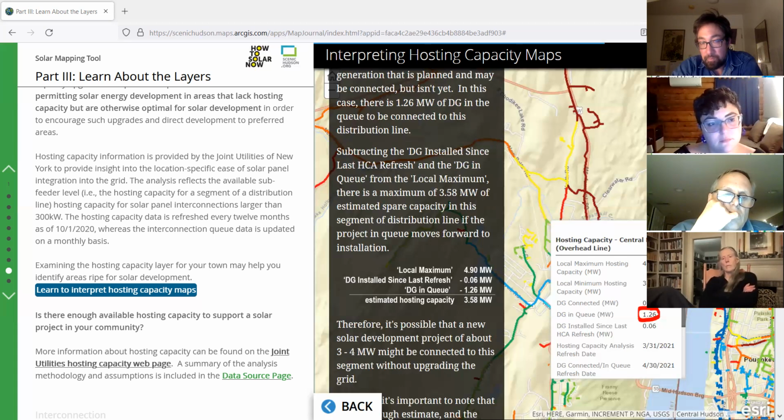So the data, based on the age of this data, when we do a C-serve for interconnection with a utility, they look at their current hosting capacity and their projected capacity at the time. And they're looking for us to fund the upgrade, right? That's the problem with this.